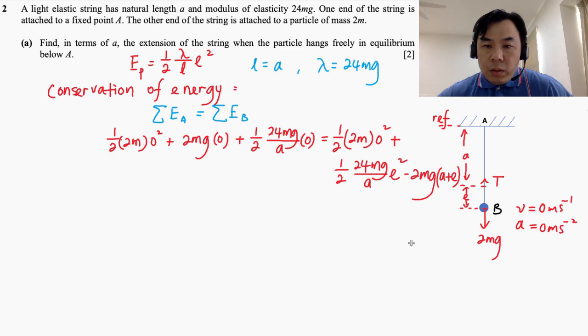It's negative because it's below our reference frame in this case, right? So I hope that is clear at this point. That's how you would use your conservation of energy at this point. All right, so if we do a bit of cleanup, we notice that the left hand side is all 0, and therefore we're going to simplify everything as 24 mg.